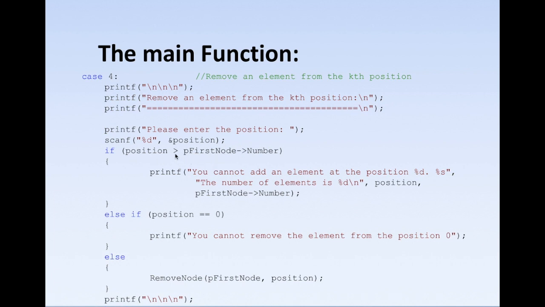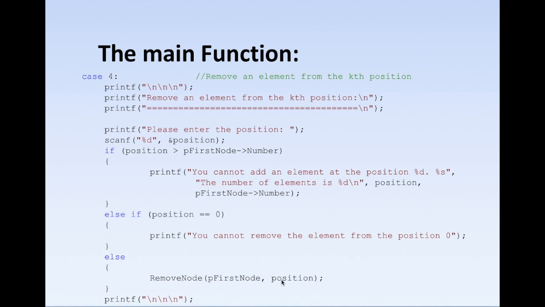So if position is greater than the number of elements in the list, which is present at p first node dot number, or if it's equal to 0, because we cannot remove element 0 in the linked list, then we only remove when these two conditions are not true. Then we go to this else in order to remove node, p first node, position.